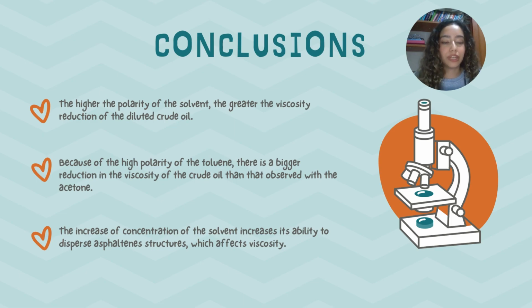So, the order in which solvents affect is the following: acetone 5%, toluene 5%, acetone 10%, toluene 10%, acetone 15% and toluene 15%.